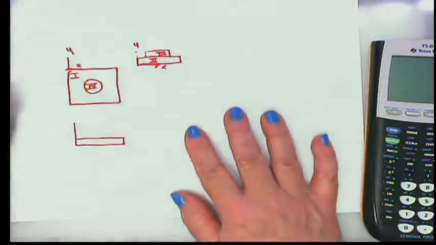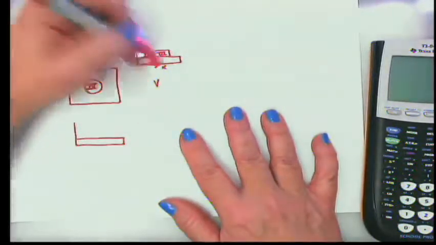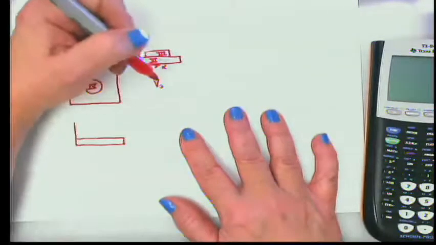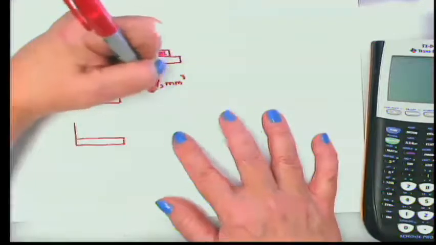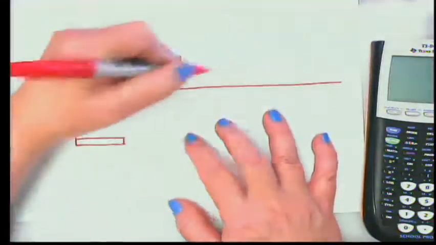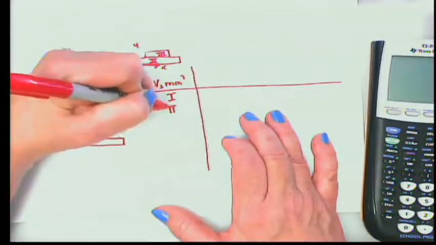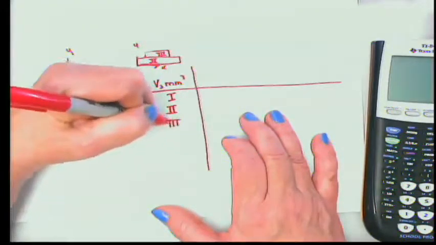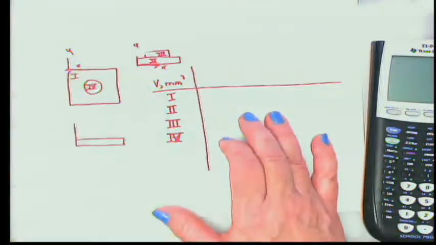Okay, so I would do this using composite areas, and the first thing I would do is find that volume. And what units am I in? I'm in millimeters, so this is going to be in millimeters cubed. And then all I'm really interested in is the y component, so I don't really have to do all of my other chunks.